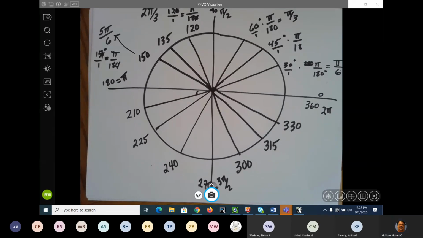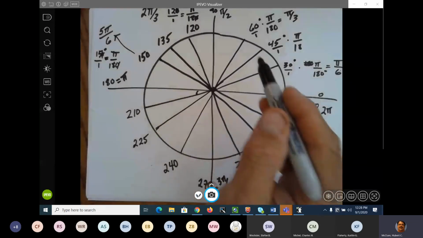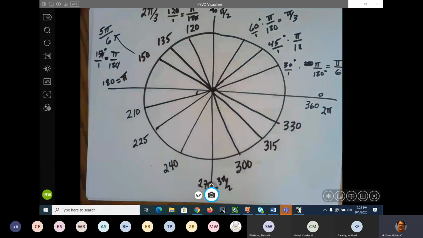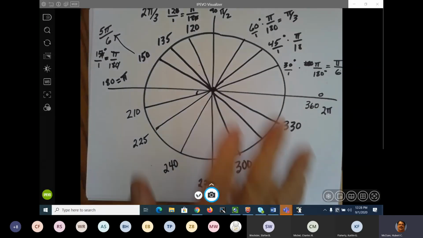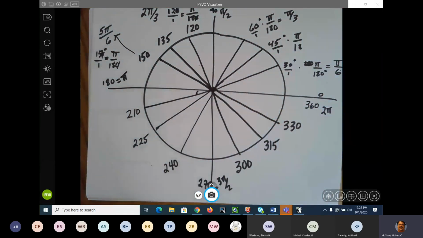I guarantee you somebody out there is going, oh man, I can't believe that. You just do the math and you can figure out the unit circle. Now it does help to know it after you do it. It's nice to be able to ascertain it quickly, but you will be able to do that later.